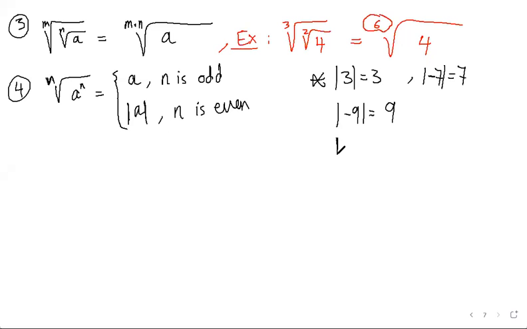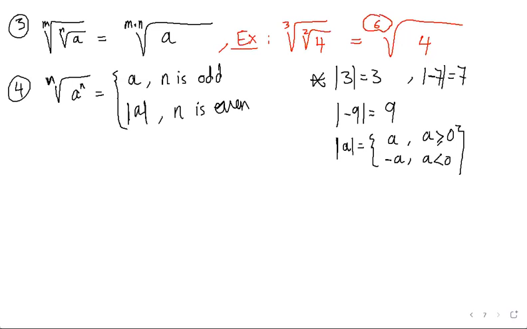If you want to know the formula for this, it's not required, but I'll give it to you. If the number inside is positive, keep it positive. If the number inside is negative, multiply by negative, and then it becomes positive.